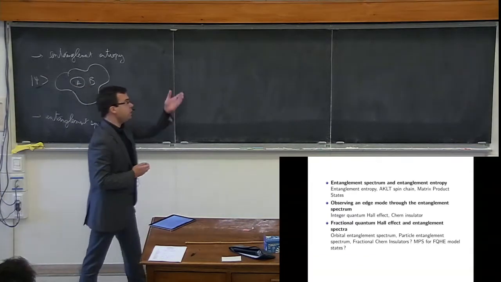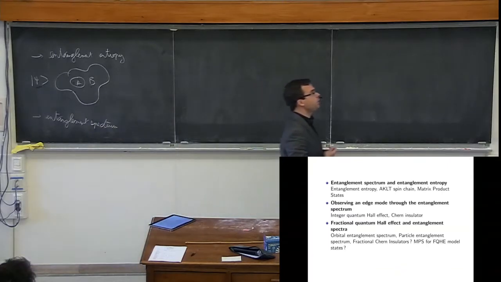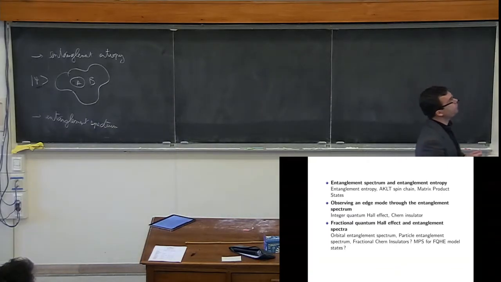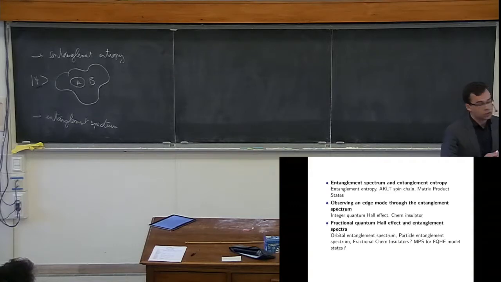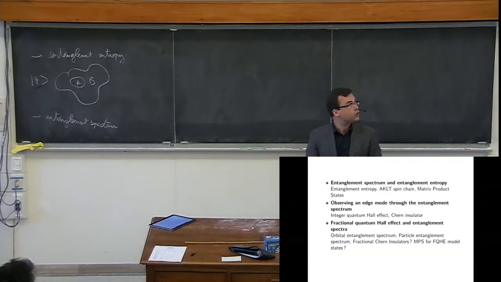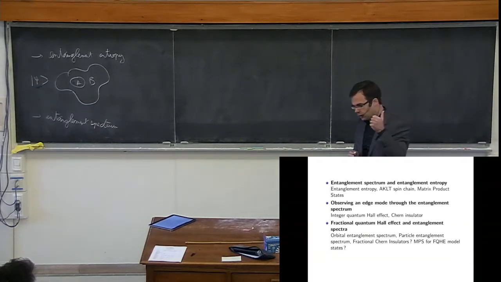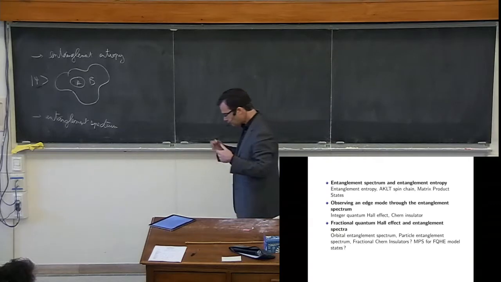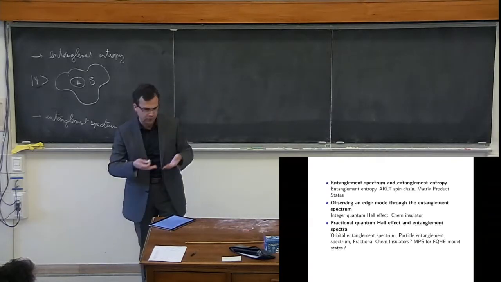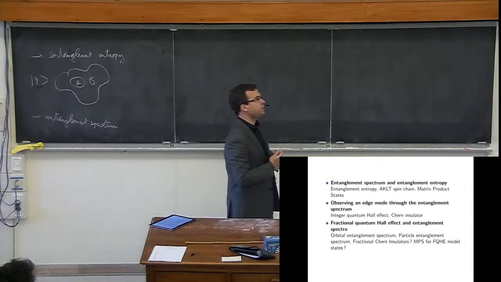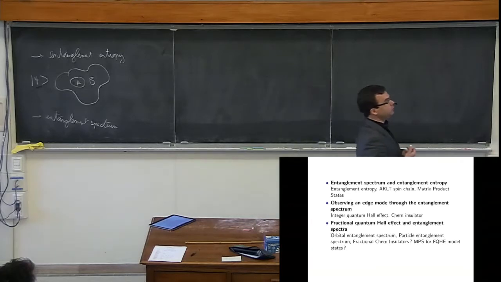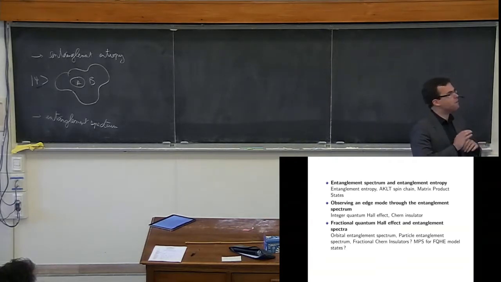Okay, so here you have the overview of what I will talk about in these lectures. Today I will focus on the entanglement spectrum and the entanglement entropy. I will talk about the simplest topological phase that you can write down as a many-body system, which is the AKLT spin chain. I won't talk about the fractional quantum Hall effect today at all.